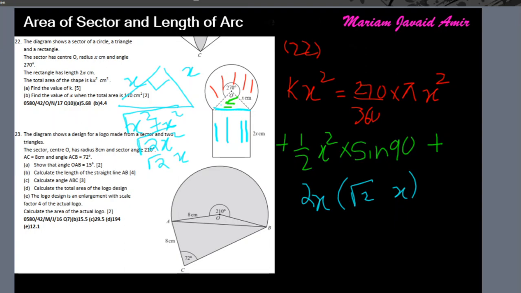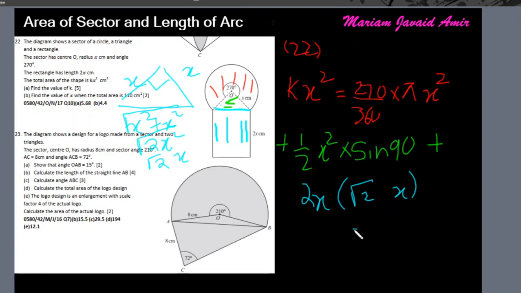Okay, so 270 divided by 360 times pi plus 0.5 times sine 90 plus 2 times square root 2.